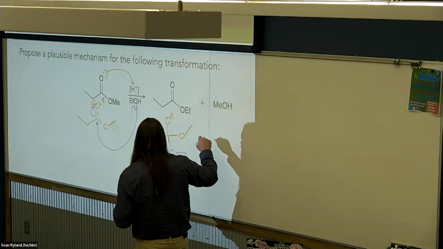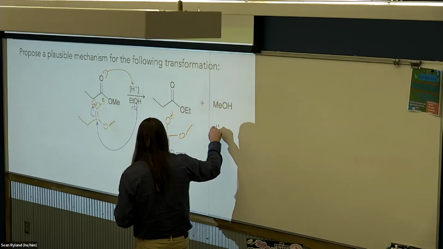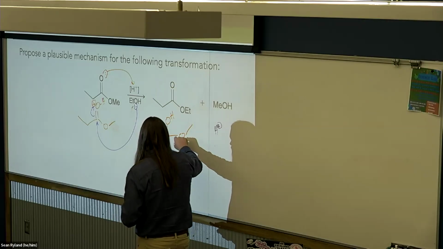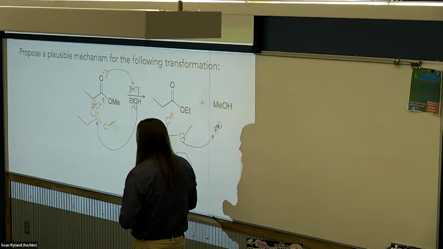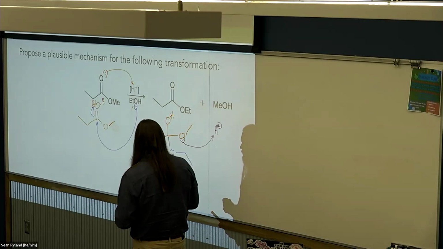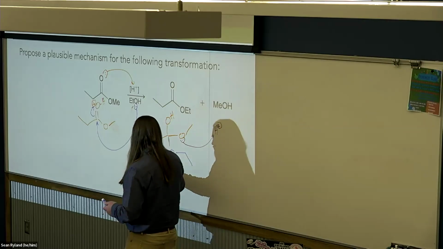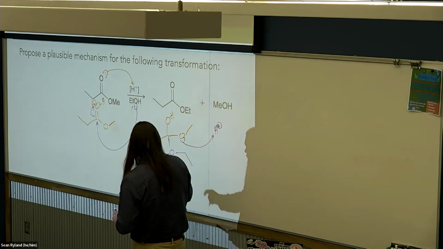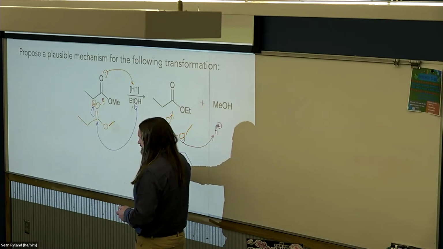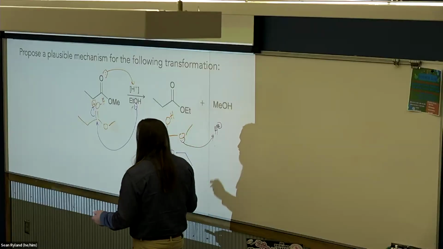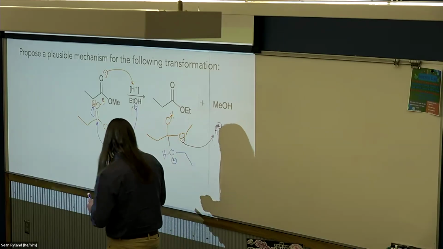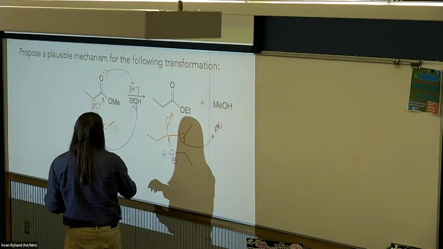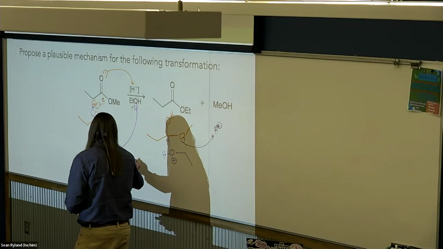So just another H plus from whatever acid is around. And then this is another case where we know we're going to lose that proton at some point too, right? So if we have two separate proton transfers happening with the same molecule, we might as well show them at the same time. So just something, probably another ethanol molecule.